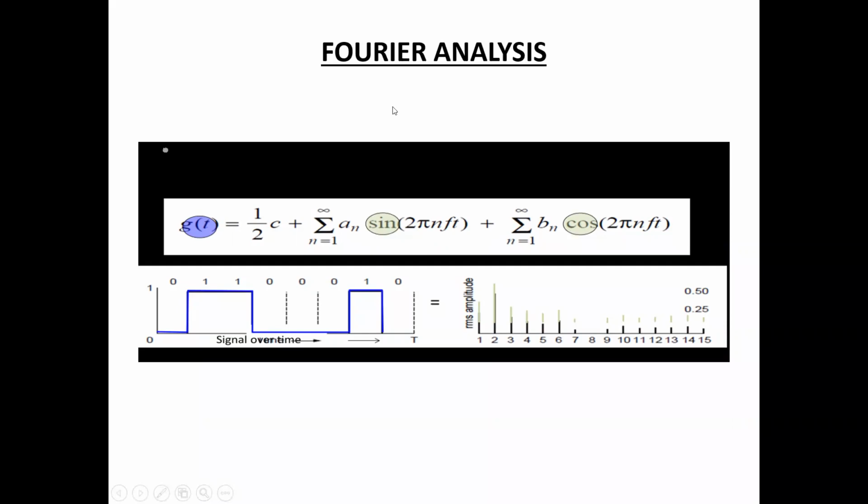Here Fourier analysis is equivalently represented as a series of frequency components, or a sum of sines and cosines. This is the equation to remember: a time varying signal can be equivalently represented as a series of frequency components or a sum of sines and cosines.